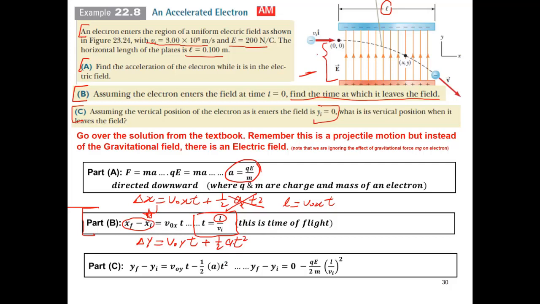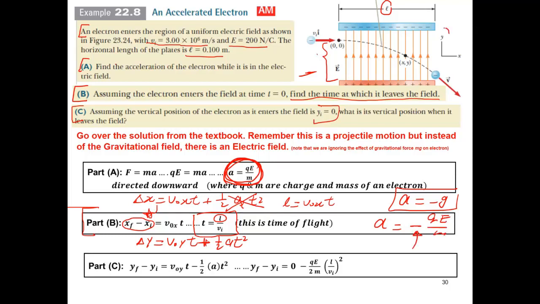Now, what's our a here? In Physics 1, we used to say a is equal to minus g. Do you remember? But in Physics 2, it's a different acceleration. It's actually this acceleration. So a here is equal to, when we plug it into the equation, minus qE divided by m. Do you know why we put minus?